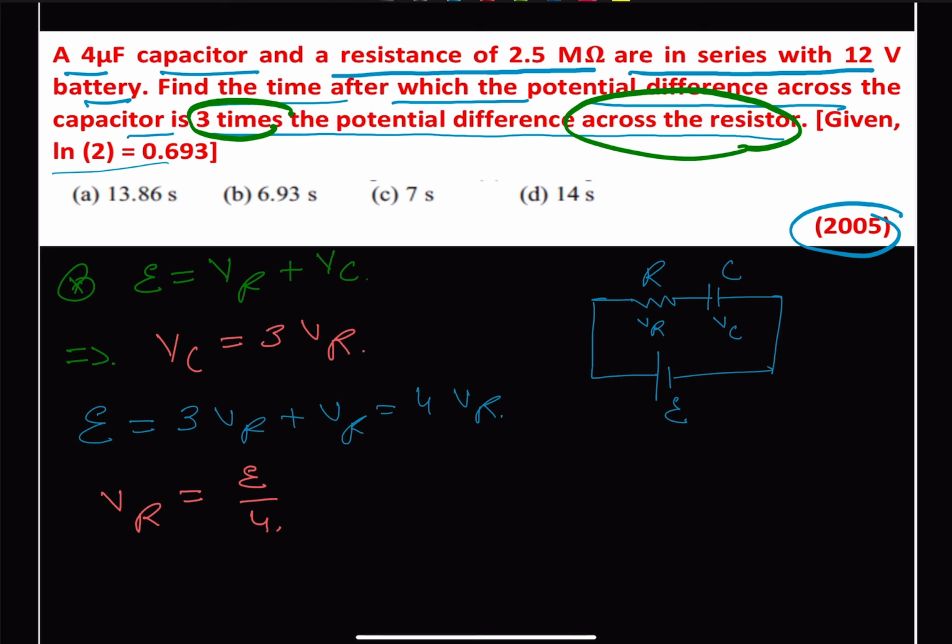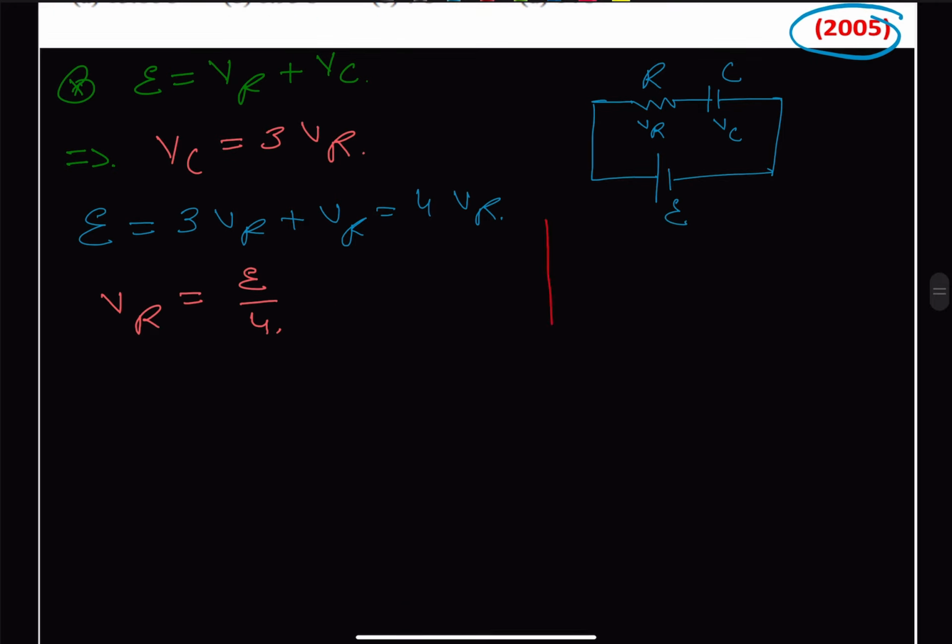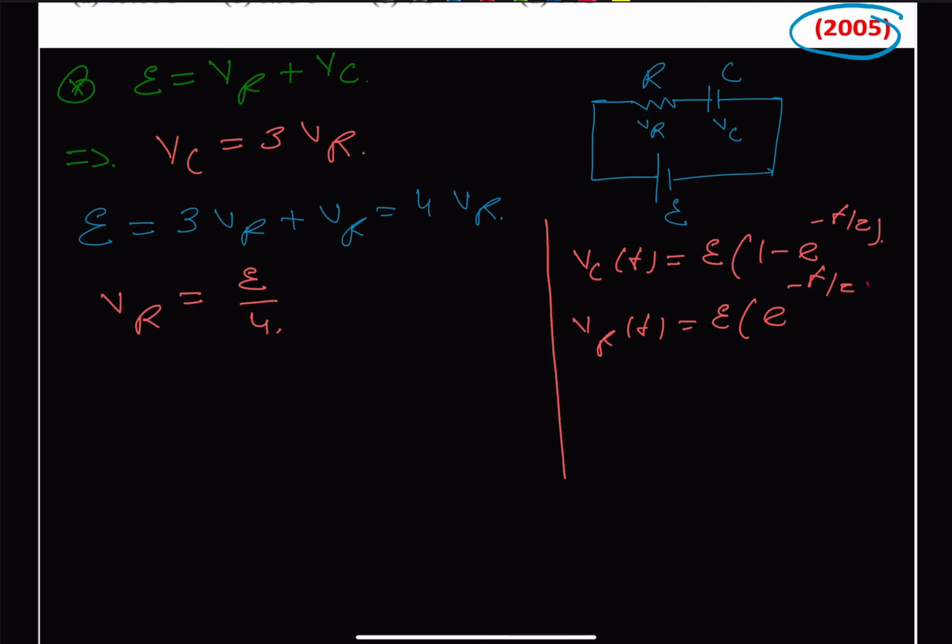And we also know the expression for the voltage across the capacitor: VC at any time t will be equal to the EMF times 1 minus e to the power minus t upon tau. And VR at any time t will be equal to the EMF times e to the power minus t upon tau.